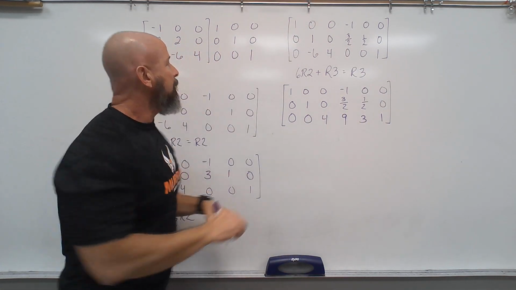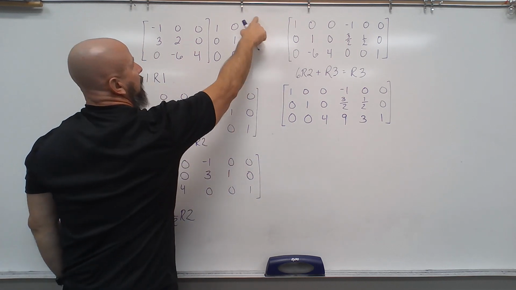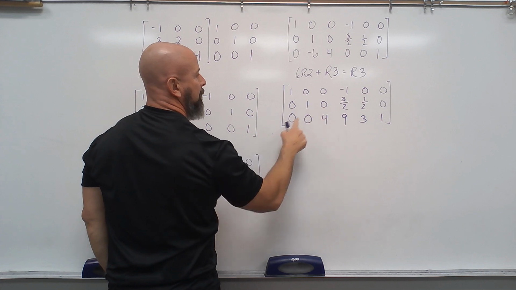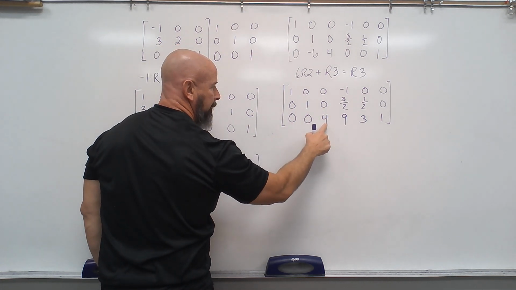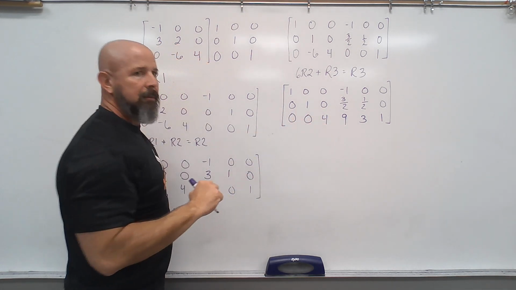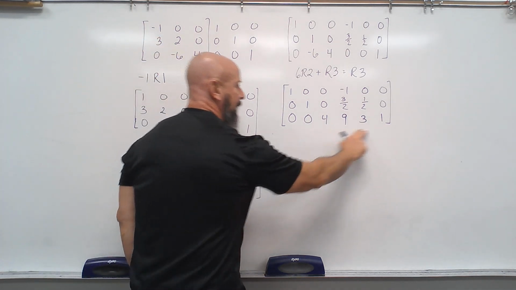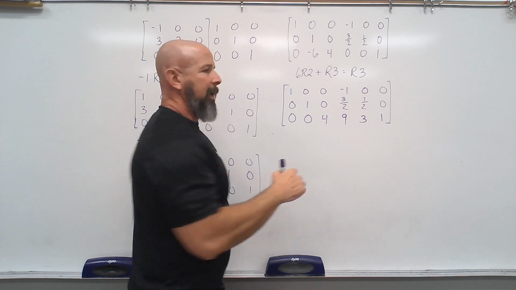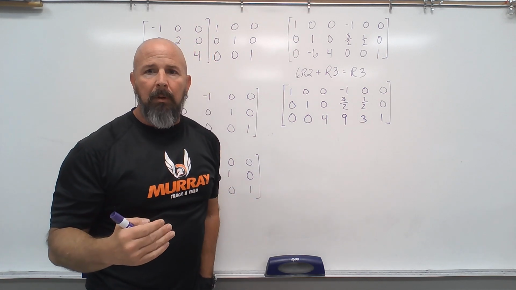Now I'm getting really close. This is what I wanted. I got 1, 0, 0, 0, 1, 0, 0, 0. Oh, I want a 1 right there. So this means I would need to divide row 3 by 4. And I can write row 3 divided by 4.